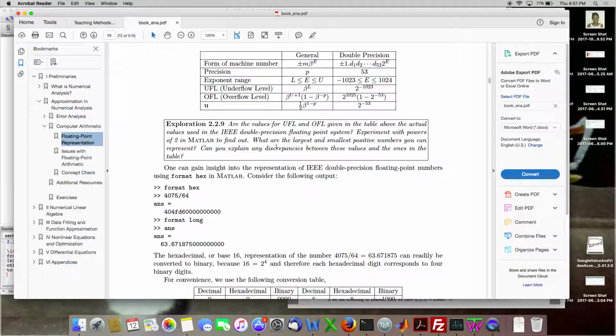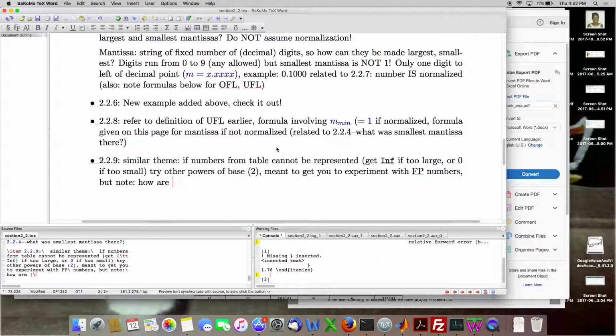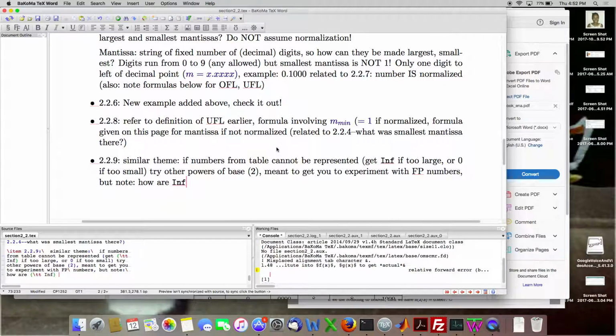As far as explaining any discrepancies, all I'm asking for is an effort. Just try your best shot. If you can't really figure it out, that's okay. But one thing I can call your attention to is how numbers like infinity or not a number are represented.